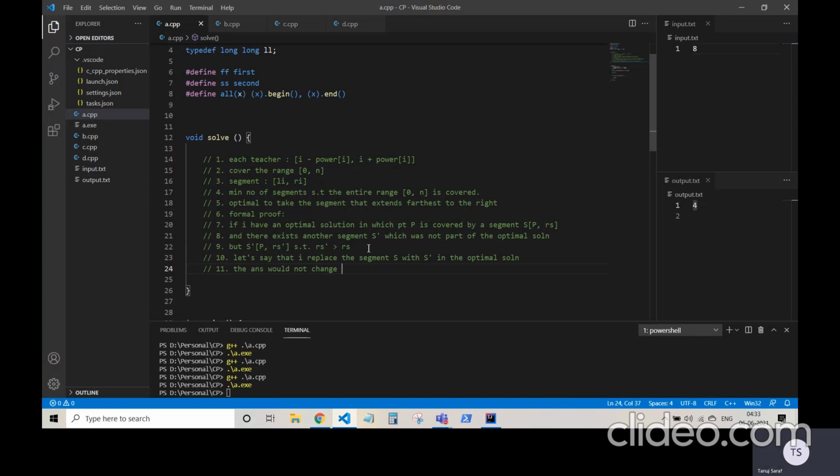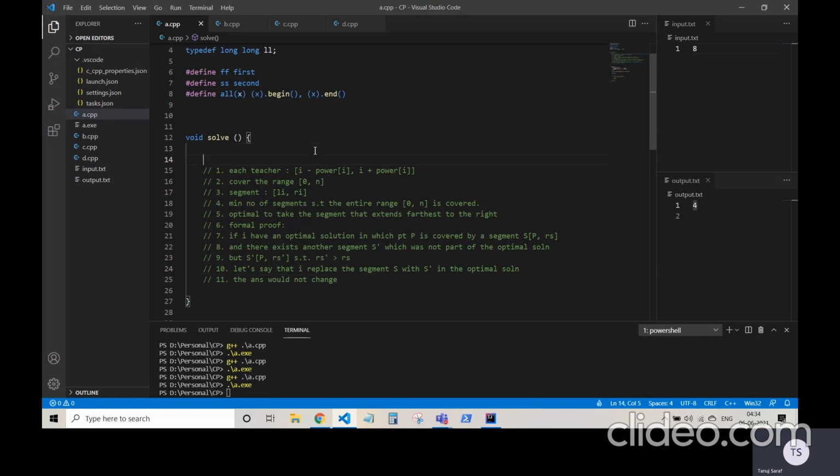Now if I remove this segment S and replace it with another segment S', which not only covers the range of P to RS but extends beyond that, then the answer would not change. So the greedy strategy that I propose is that we start moving in increasing order from 0 to n, and at each point that is not covered already, we take the segment that starts at this point or before.